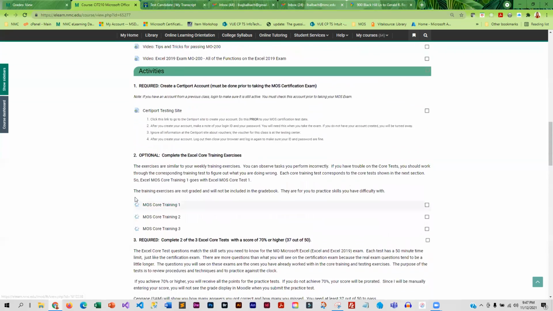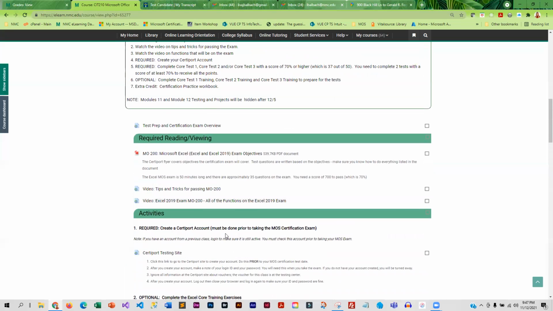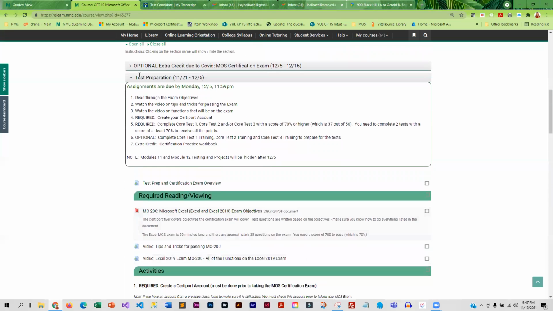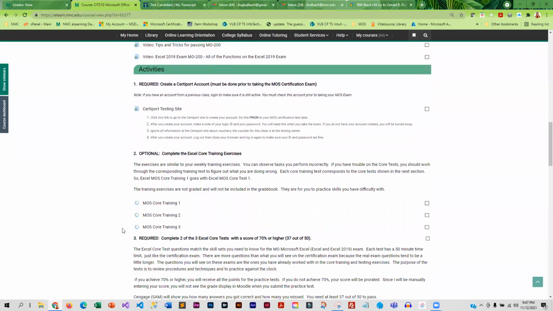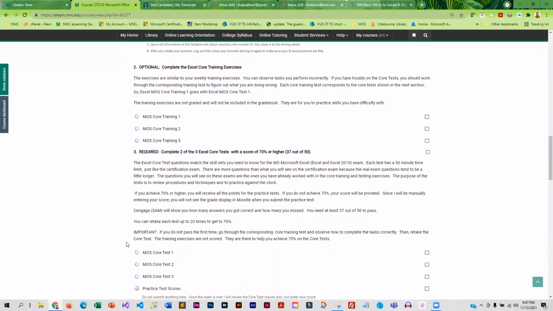Okay, so that is in this block. Now, if you do not want to take the Microsoft Office test, it is optional this semester, but the account and the core tests are not optional. Those are required, okay?